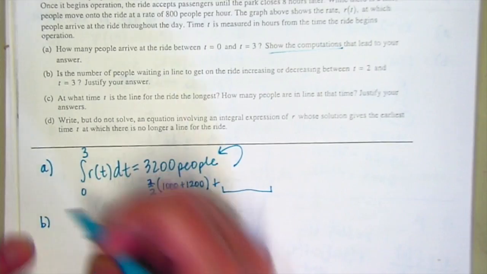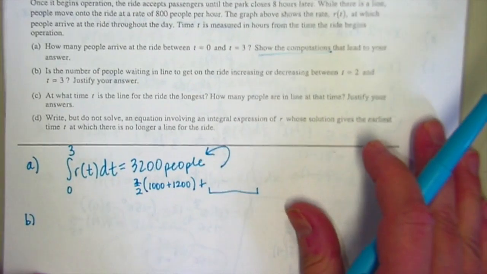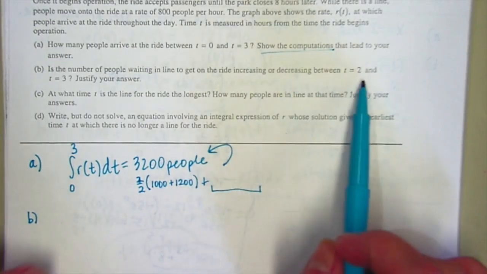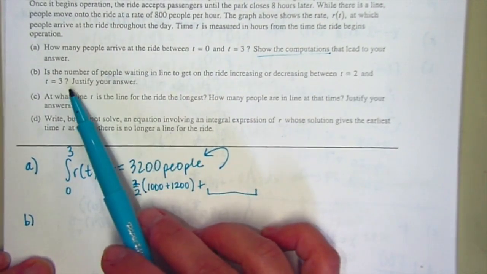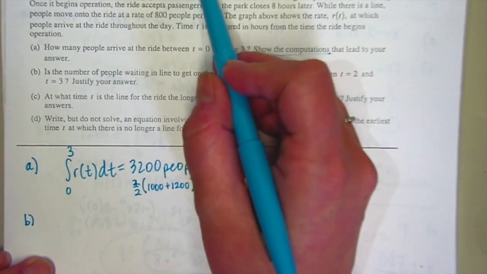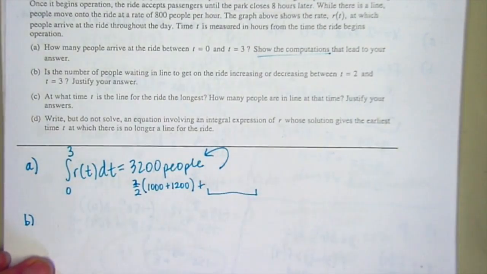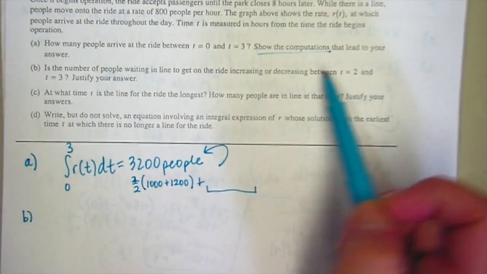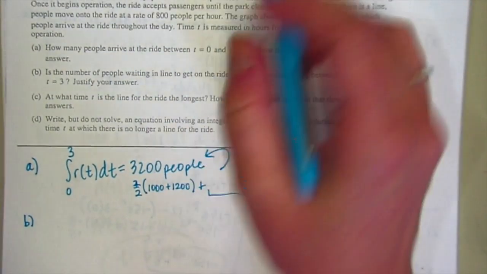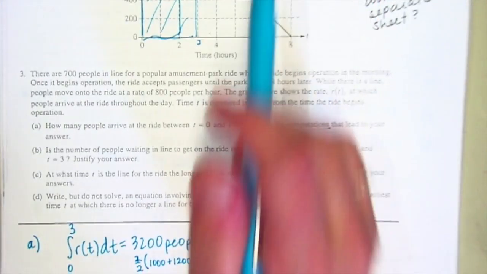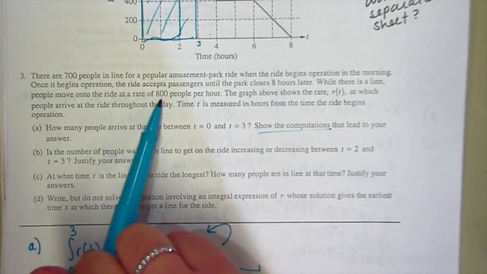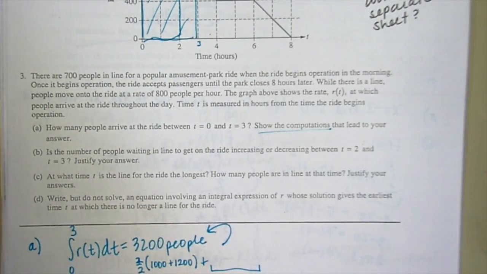Part B: is the number of people waiting in line to get on the ride increasing or decreasing between 2 and 3? Okay. So between 2 and 3, I think we are looking at a comparison of the number of people waiting in line. So this is the rate that they arrive in line, and they are getting on at 800 people per hour.